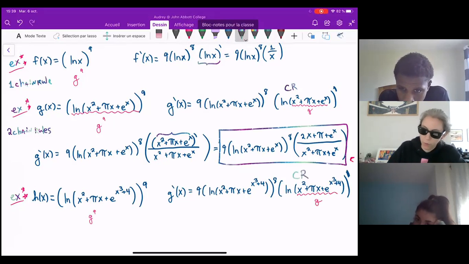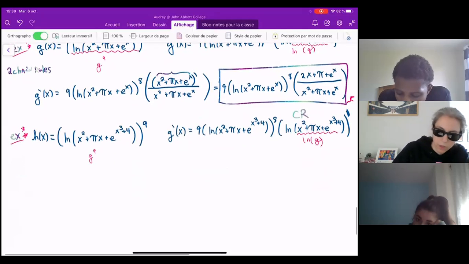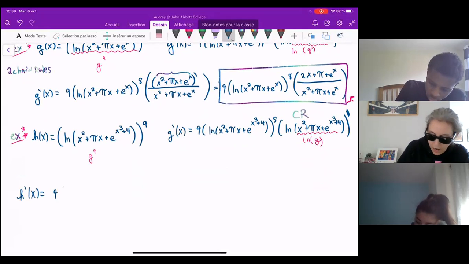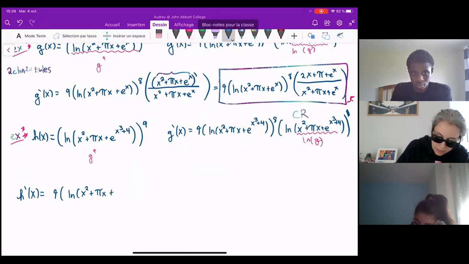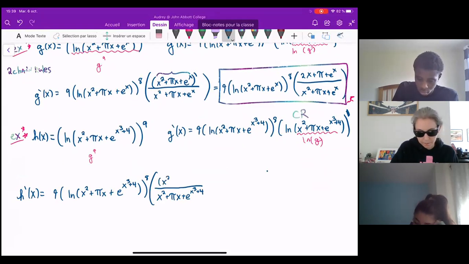And it's a log chain rule, so it's kind of like I have ln of g here. So then h prime of x is 9 ln of x squared plus pi x plus e to the x cubed plus 4 to the 8. I have g on the bottom, x squared plus pi x plus e to the x cubed plus 4. And then on the top, I have that primed.